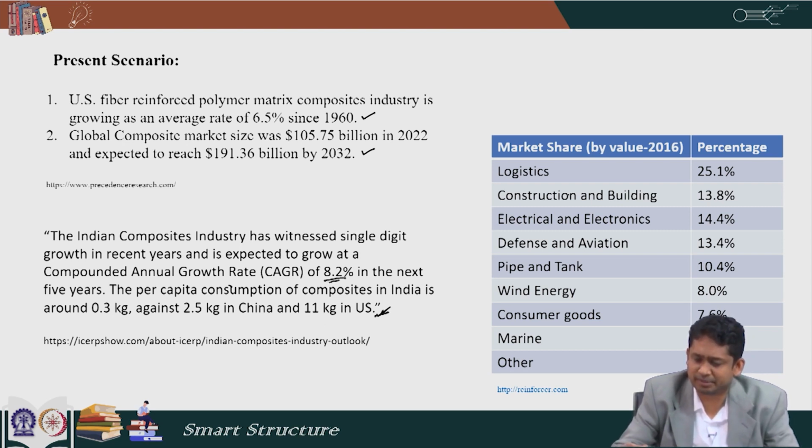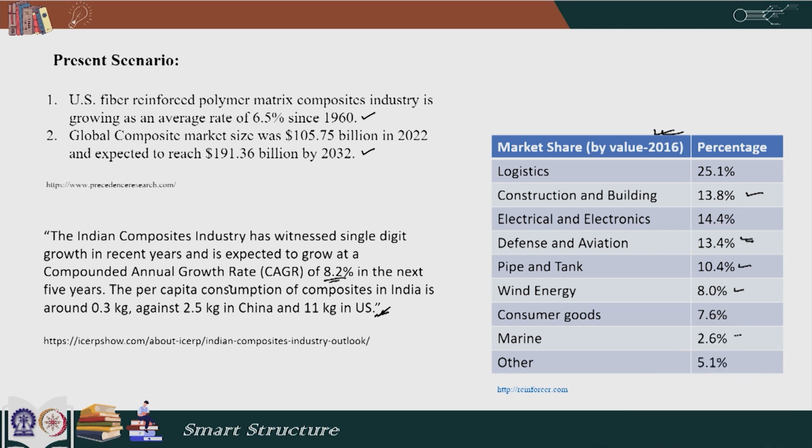If we look at the distribution in different sectors as per 2016, then logistics sector used around 25.1%, construction and building has around 13.8% share, electrical and electronics has around 14.4% share, defense and aviation around 13.4%, pipe, tank, things like that around 10.4%, wind energy at around 8%, consumer goods around 7.6%, marine field around 2.7%, and other sectors around 5.1%.